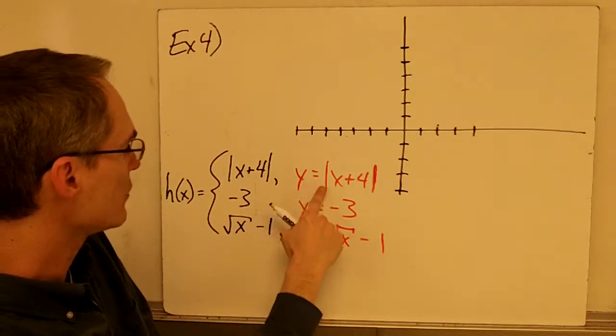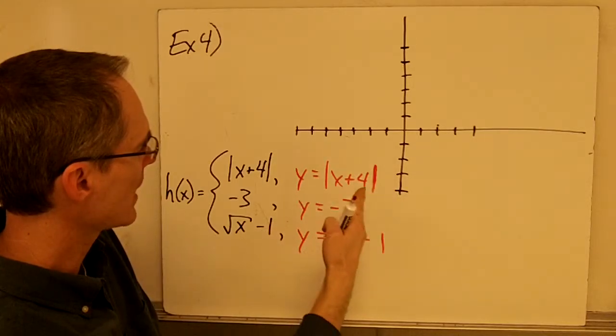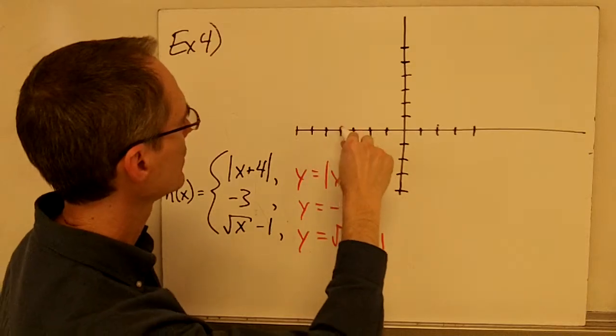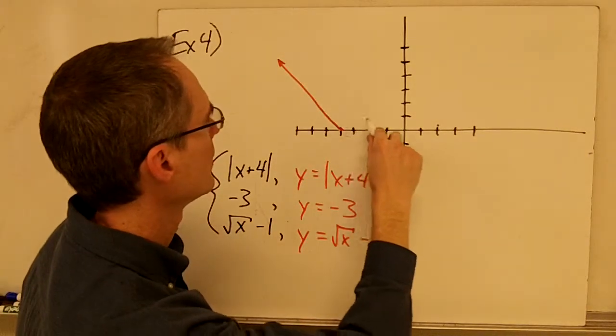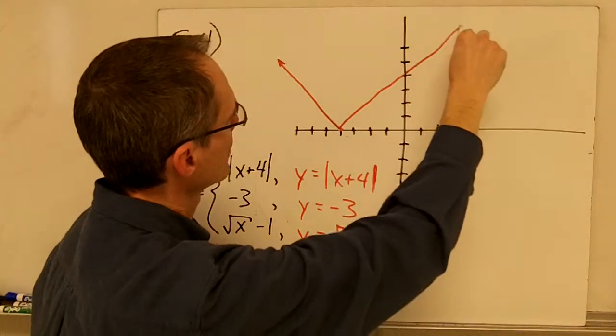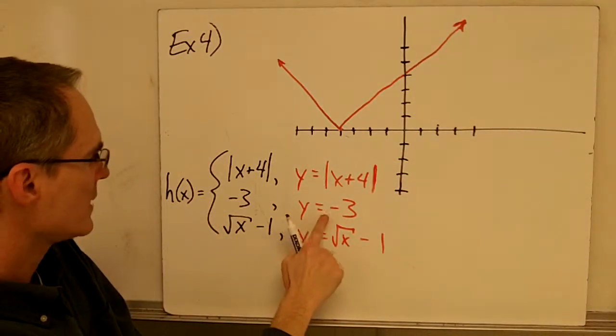All right, so let's see. Y equals absolute value of x plus 4. That means I move my absolute value function 4 units to the left. So 1, 2, 3, 4. So something like that. Y equals negative 3.